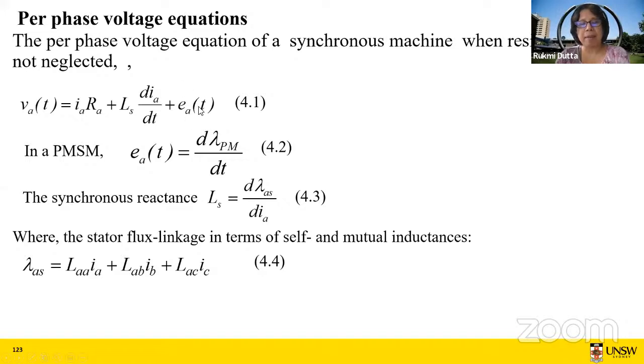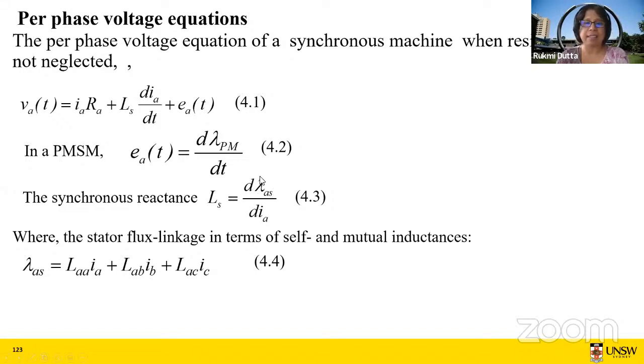This back EMF in a PMSM comes from the rotor magnets. So the flux linkage that relates to the EMF is the permanent magnet flux linkage, lambda PM, that we'll be using here. And the synchronous inductance relates to the flux linkage coming from the current, which is shown as lambda A.